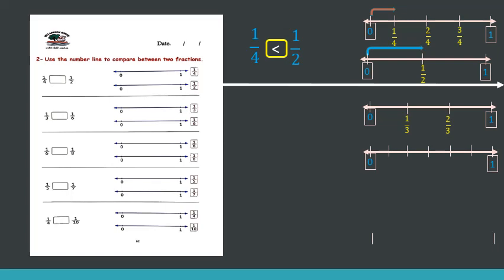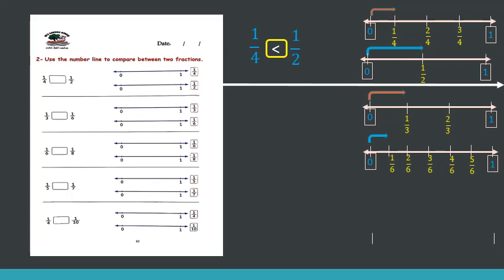And 1 over 6, I will divide the number line into, yes, 6 equal parts. So how many dashes will I draw? 5 dashes. Excellent. And here the first part is called 1 over 6, then 2 over 6 and 3 over 6, until I finish at 5 over 6.